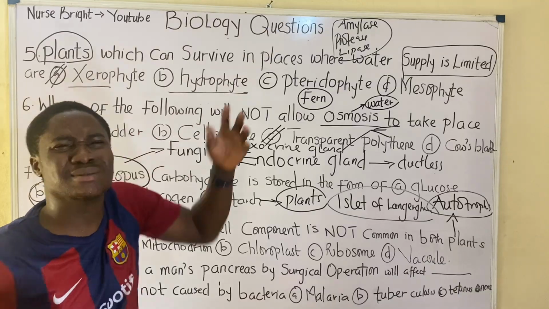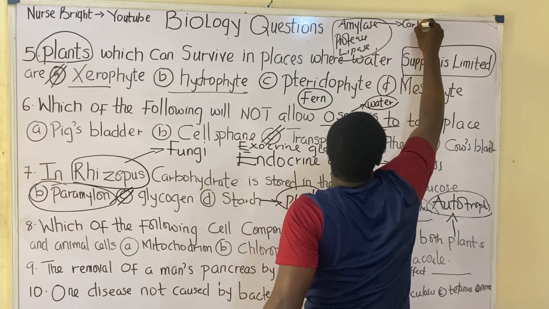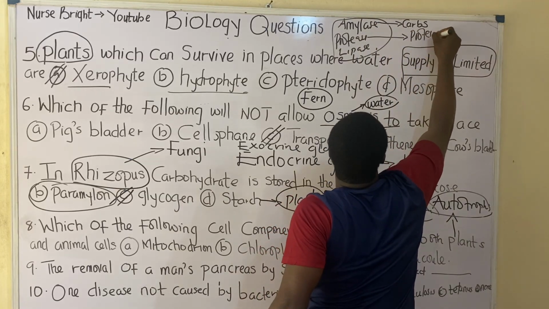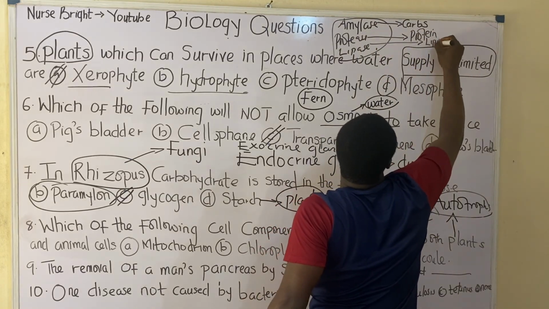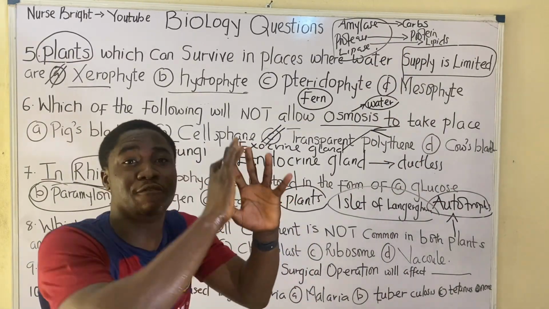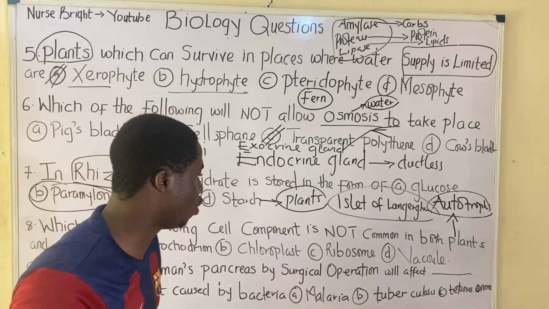These enzymes act on classes of food: amylase acts on carbohydrates, protease acts on proteins, whereas lipase acts on lipids, also called fat and oil. So now you can see the functions of this gland. I've explained it in a very easy way to understand.